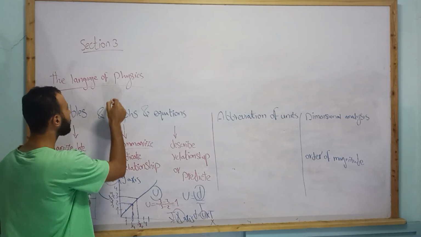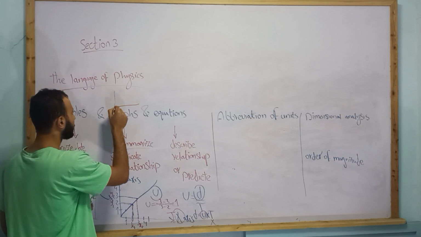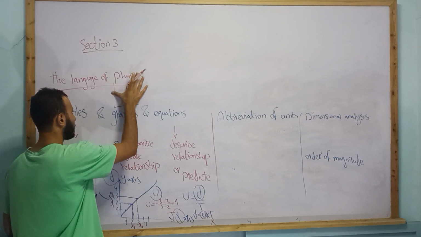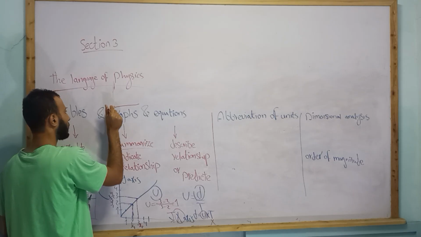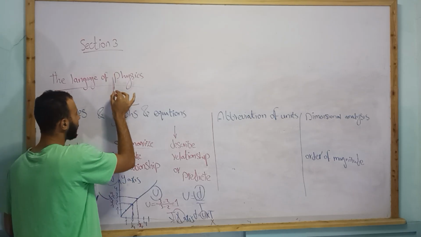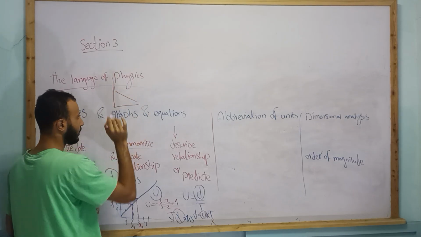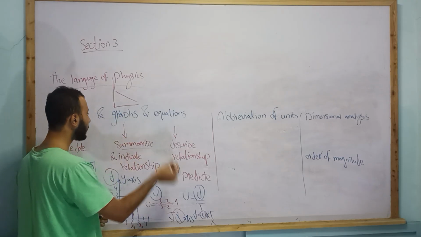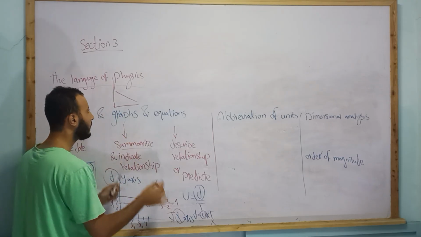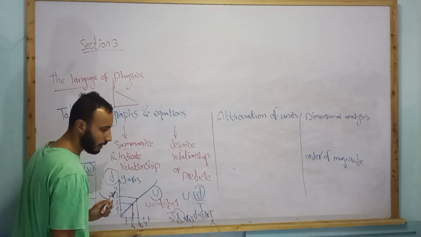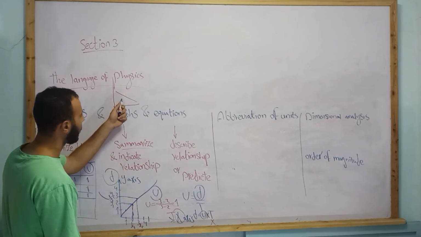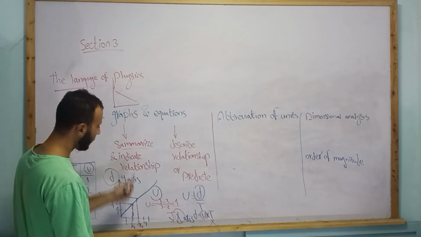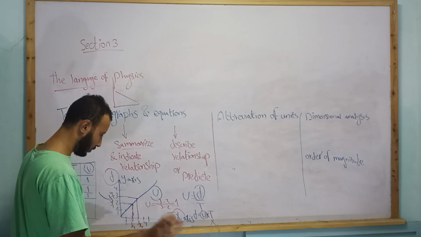But if the graph was like this, it means there is an inverse relation between the two physical quantities.